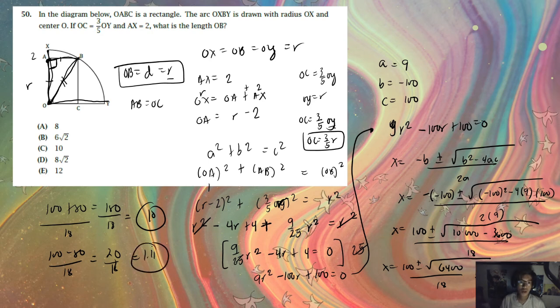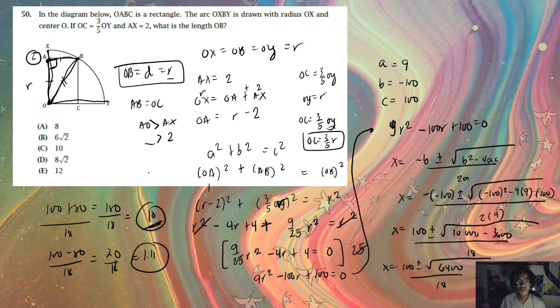Both of them are positive, so both of them have good chances of being the value of x. But since we know that AX is equal to 2, and we know that AO is greater than AX, most likely the value of AO here should be greater than 2 as well.